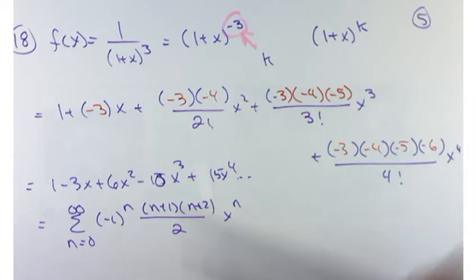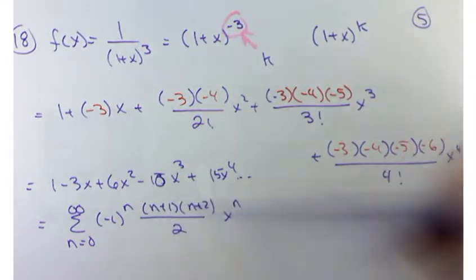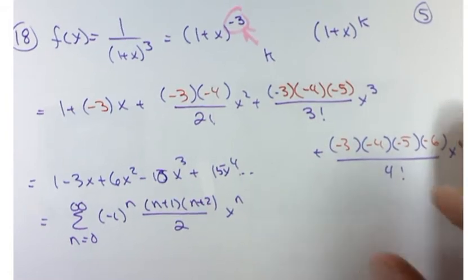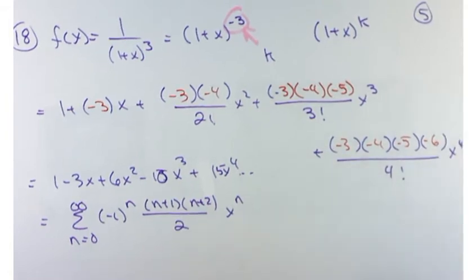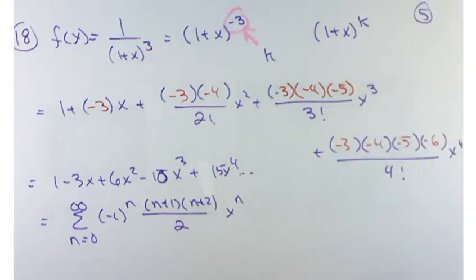In the case of problem number 24, which we're going to do next, I'm not going to ask you to write it in this form. You might be able to write it in that form, but it's got to be a real challenge. So, are we okay with problem number 18 here, though? Donnie? Okay.